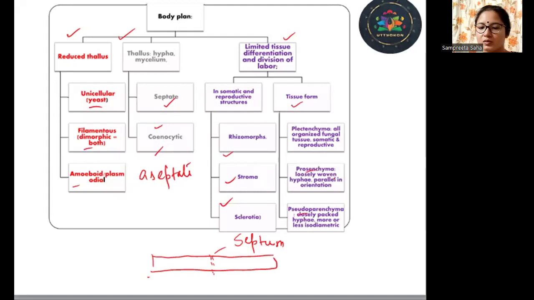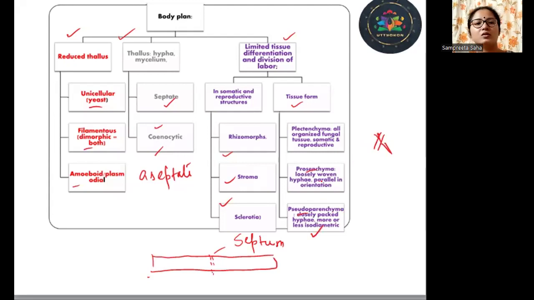The difference between prosenchyma and pseudoparenchyma is that in case of prosenchyma, the hyphae are loosely interbound with each other. So you will see that the mass is tangled but not so much, so that it gives a tissue-like appearance. But in case of pseudoparenchyma, we already know what are parenchymatous cells, right?